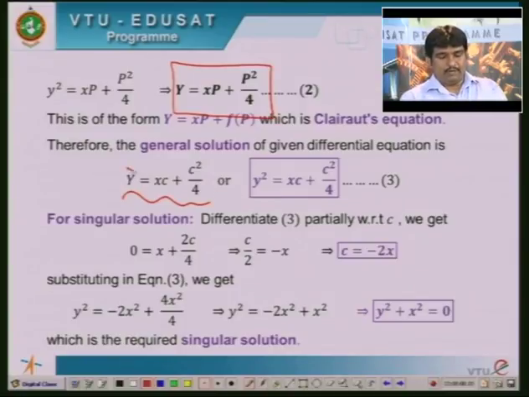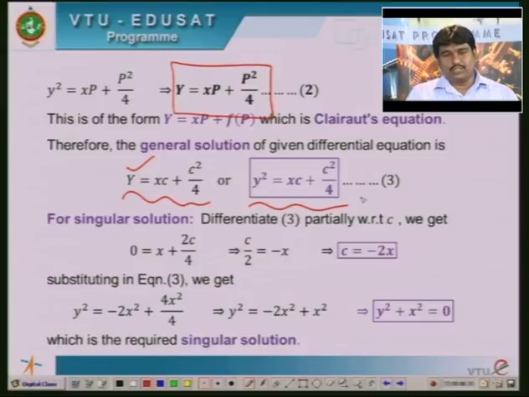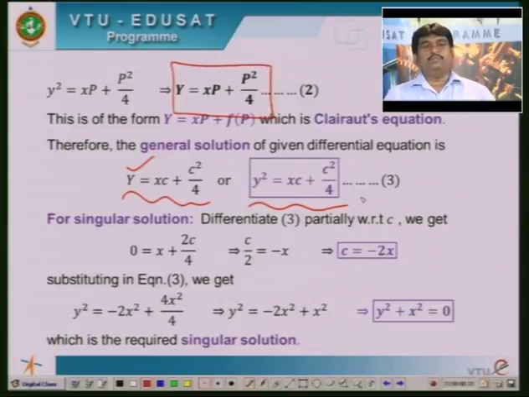Now convert capital Y, the new variable, into the old variable using the substitution y square equals capital Y. So the general solution of the given differential equation is y square equals x into c plus c square divided by 4. Now for the singular solution, you have to differentiate this equation with respect to c, treating y and x as constant.